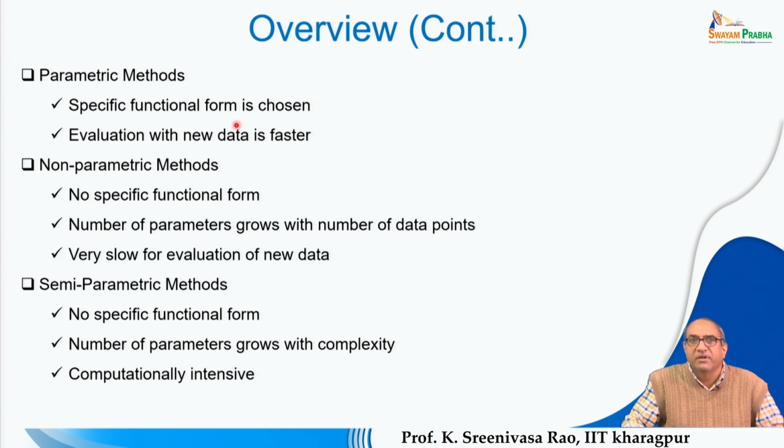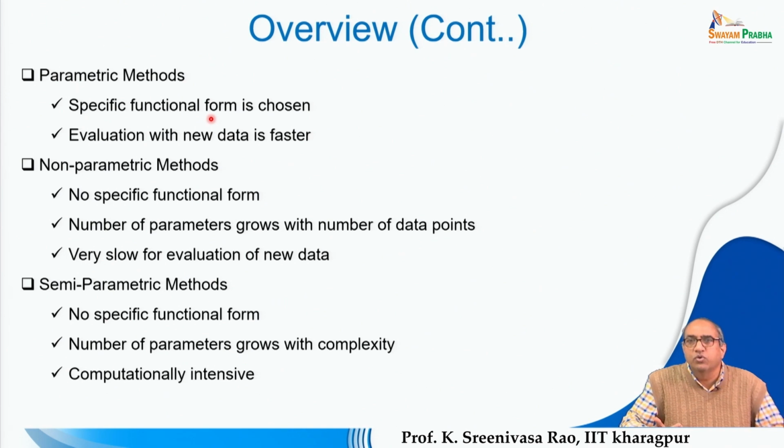We adjust the parameters so that the function is maximized for the given data. For example, if you take a Gaussian distribution function, then the parameters will be the mean and variance. We know how the Gaussian function looks, and the entire function can be parameterized using two parameters: one is the mean and the other is the variance, the spread around the mean.